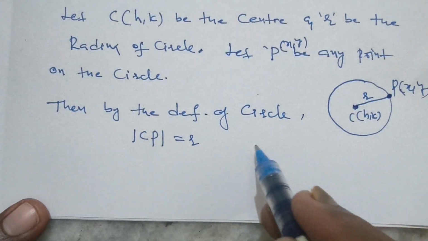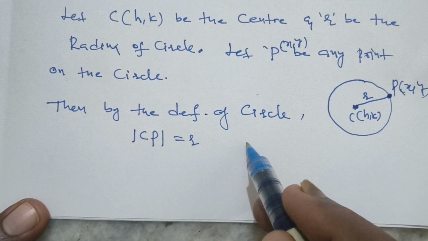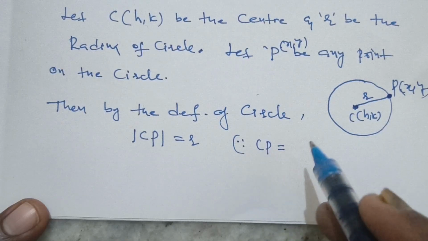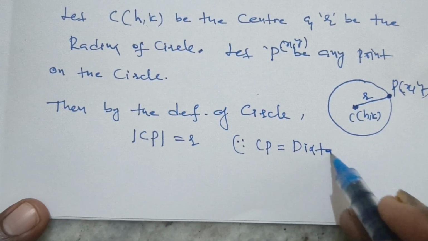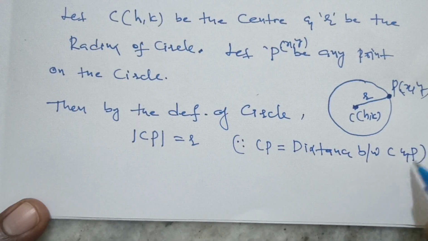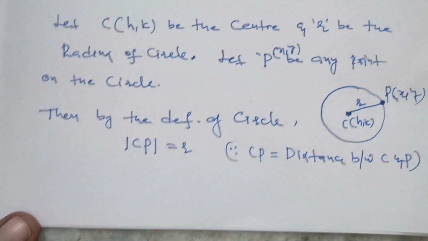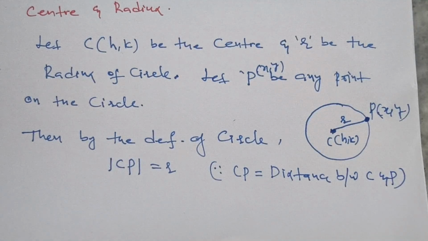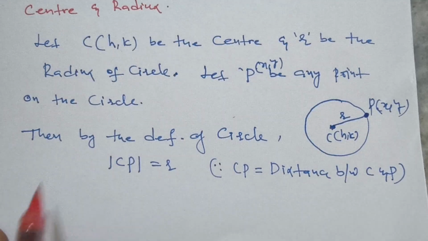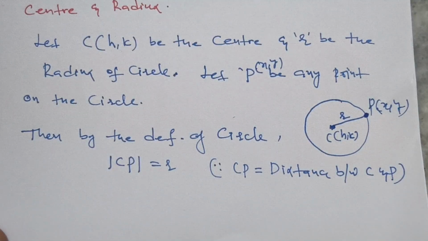Mod CP means the distance from the point C to the point P. We know the distance formula for two points from the lower class: square root of x2 minus x1 whole square plus y2 minus y1 whole square.